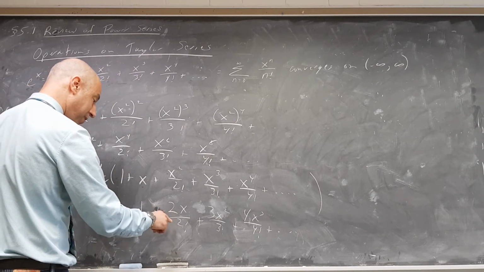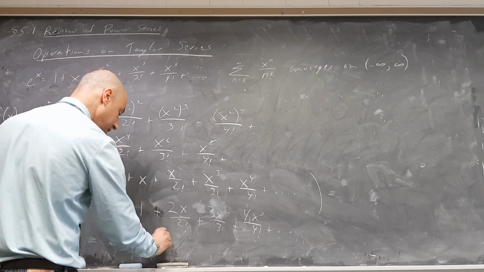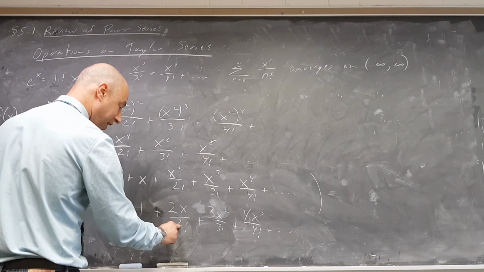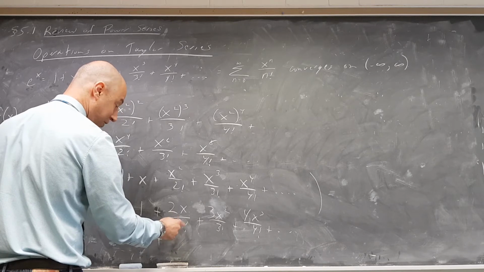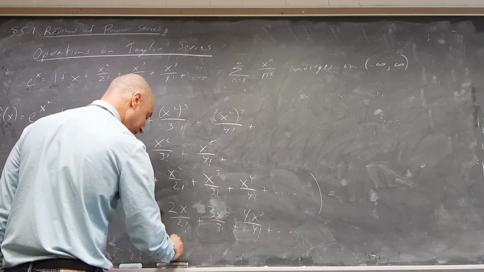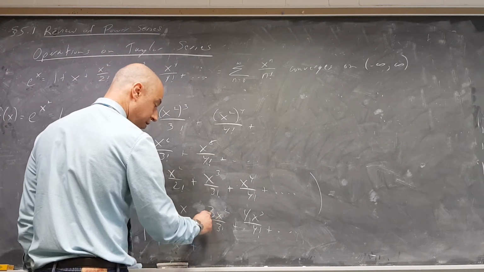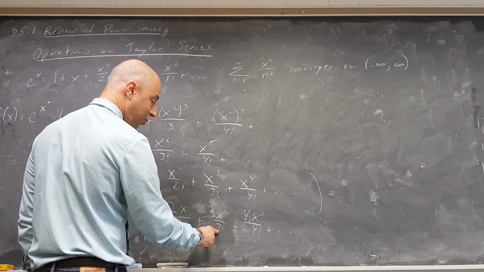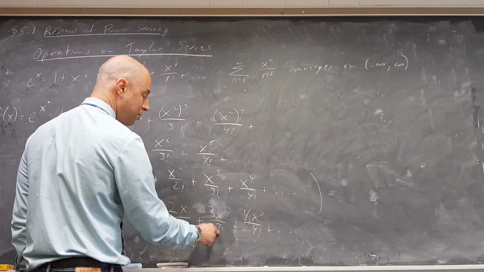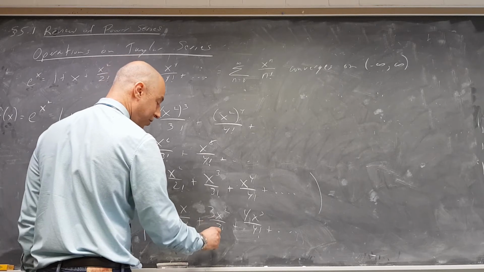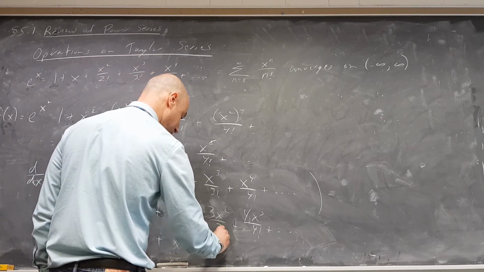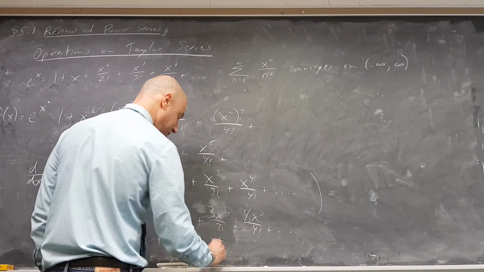So let's simplify here. Here we have 1. The 2 cancels with the 2 factorial on the bottom, which just leaves us with x. The 3 here cancels with the 3 factorial on the bottom. 3 factorial is 3 times 2 times 1. So the 3's cancel, and you're just left with x squared over 2 factorial.